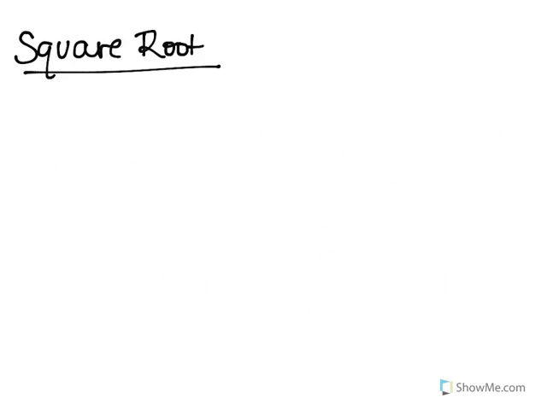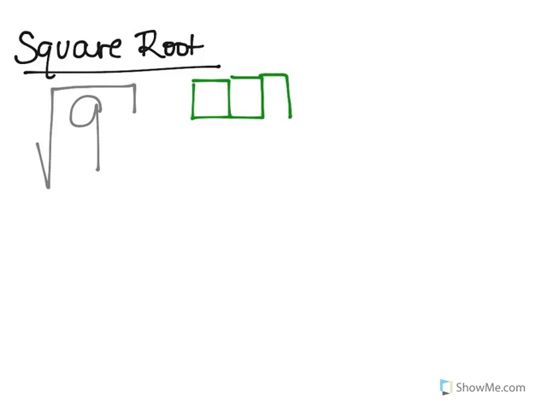Let's try some more. Okay, so now let's say we want to know what is the square root of 9. So I'm going to draw 9 squares together. 1, 2, 3, 4, 5, 6, and I want to get a perfect square. 7, 8, 9.